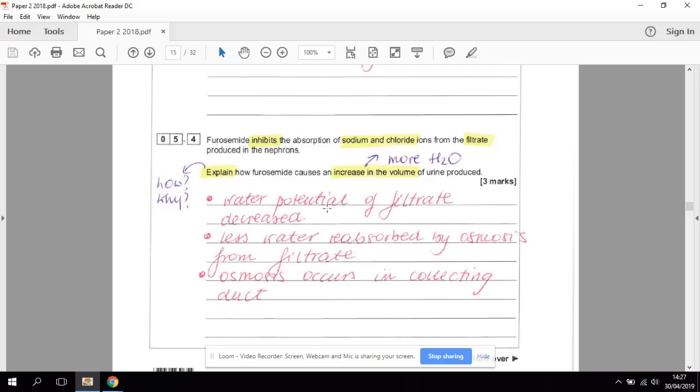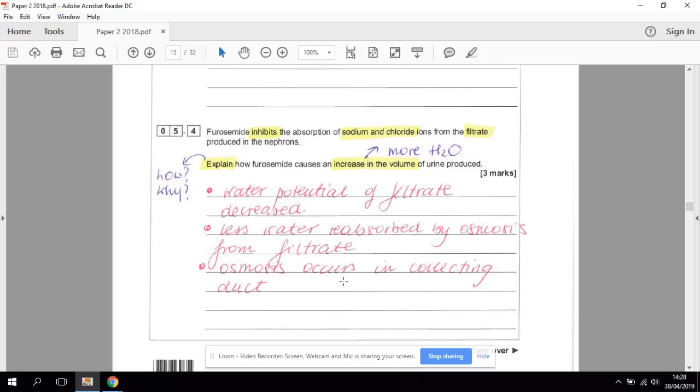So if that increases, of course, we will have more water in the urine, so less water will be reabsorbed by osmosis from the filtrate. And we know that osmosis is the one that takes place in the collecting duct. So increasing volume means more water in volume, so the water potential in the filtrate must be lower.